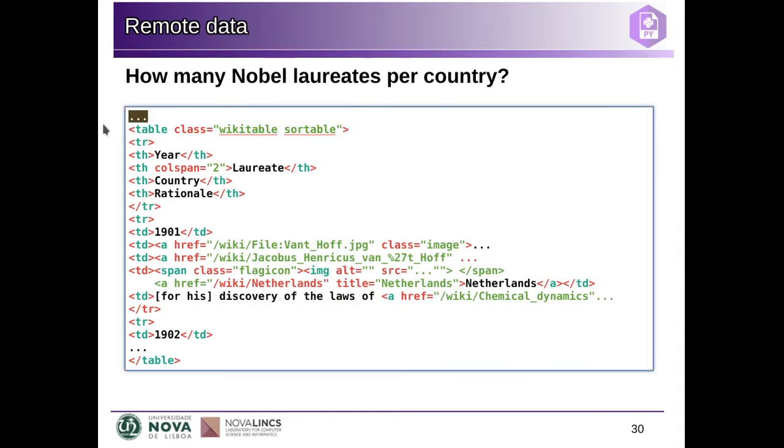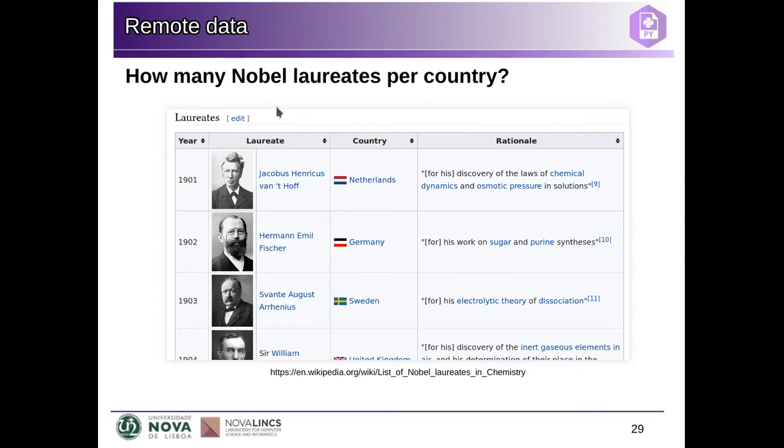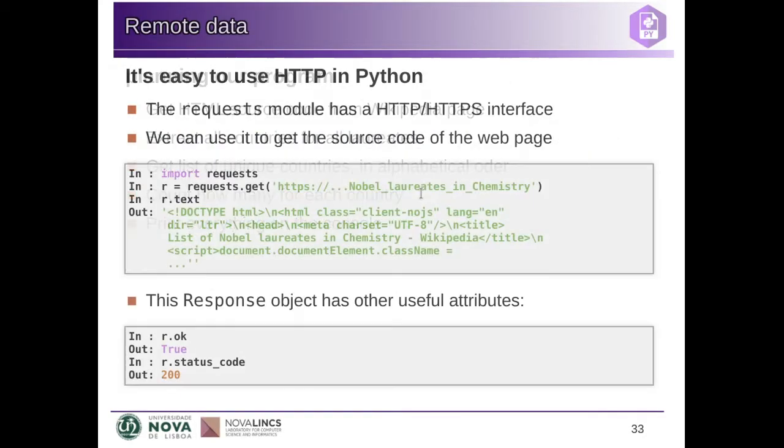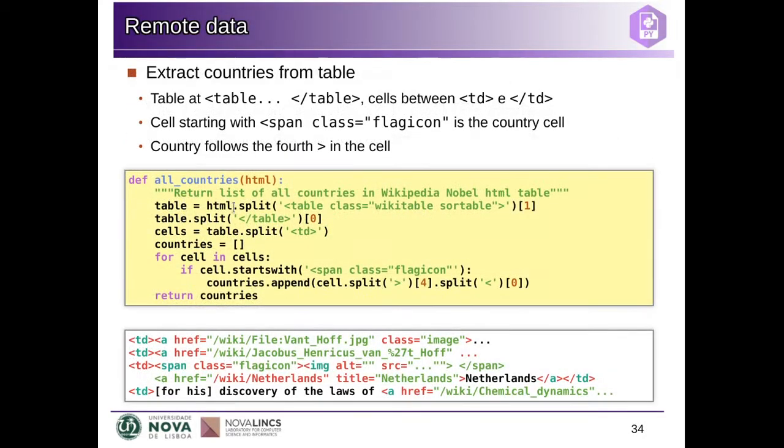I'm omitting quite a bit of the page before the table starts, because there you have a description of the Nobel Prize and so on. But if we do this split, we break our string into two parts, the part before the table and the part after the table starts. And when we take the second part, we just get the string starting from the table. So basically we are throwing away everything that comes before the table so we can process the table.